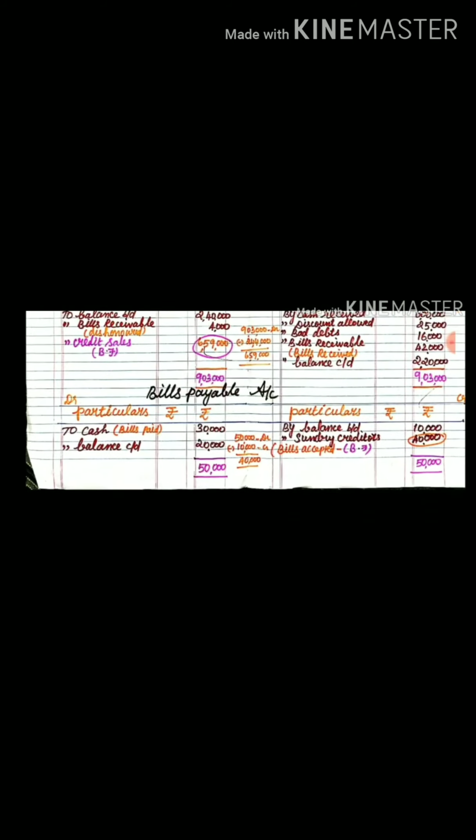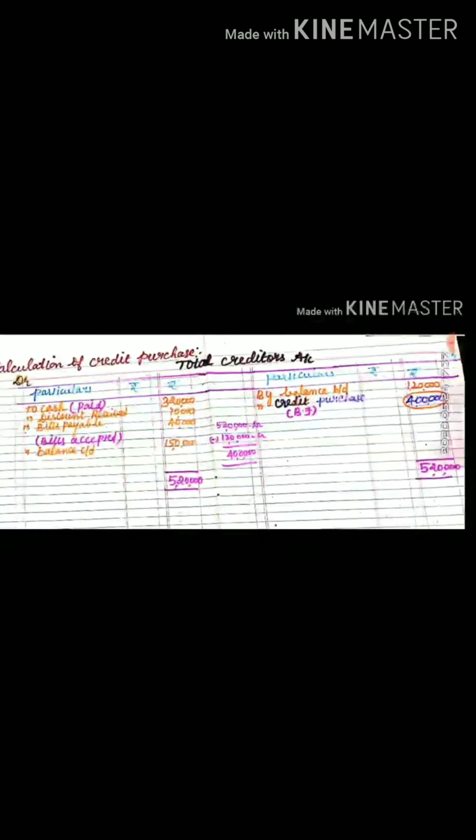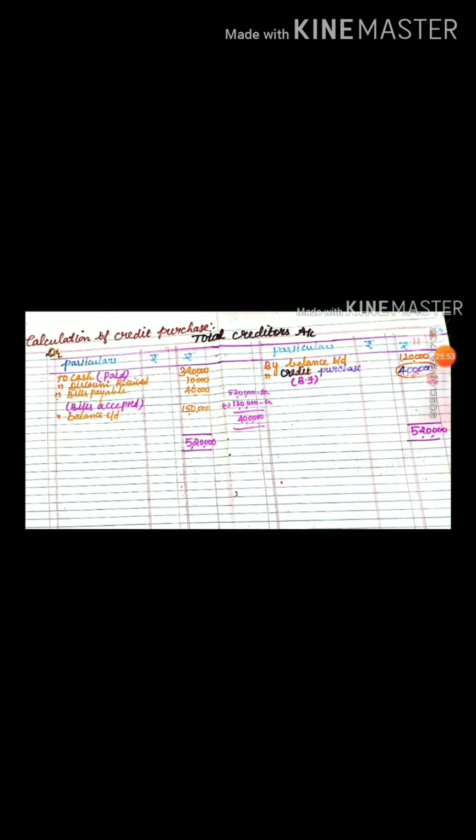And the last account, find out the credit purchase. Credit purchase means the total creditors account. On the debit side all the payment items are entered and on the credit side all the received items.